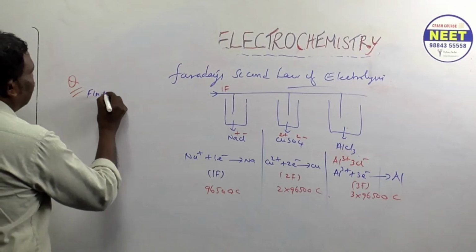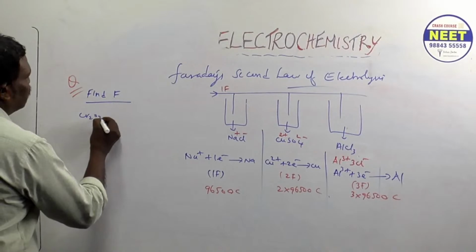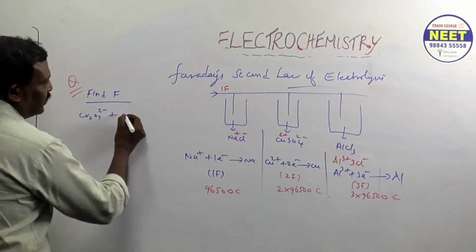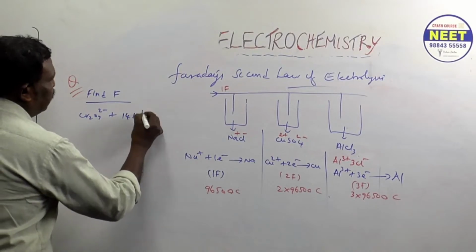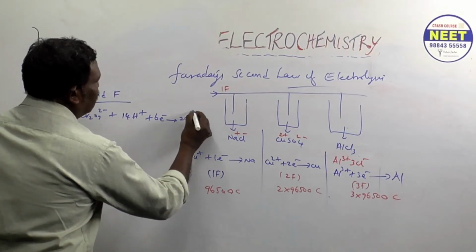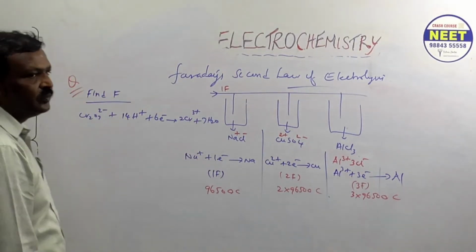Find Faraday for Cr2O7 2- plus 14H+ plus 6 electrons gives 2Cr3+ plus 7H2O. Find Faraday.